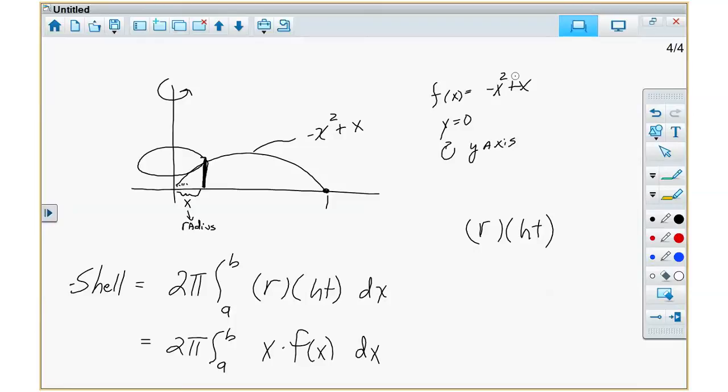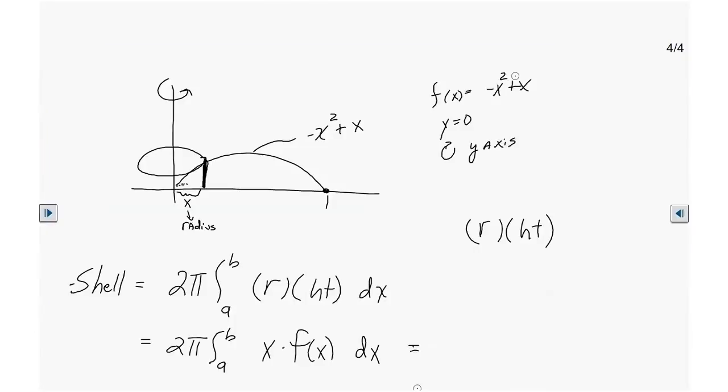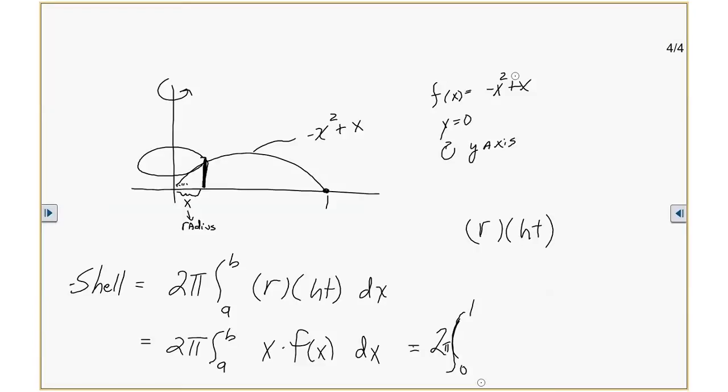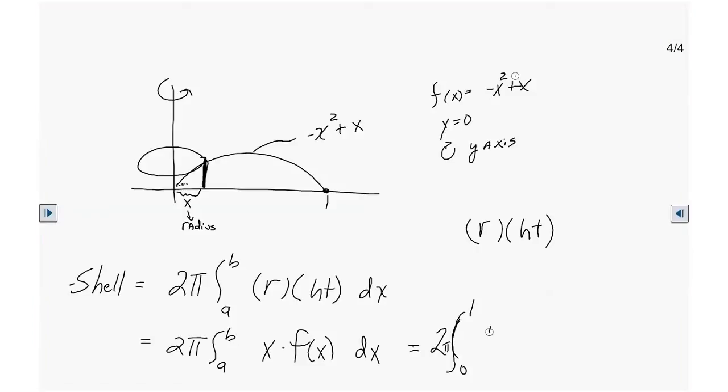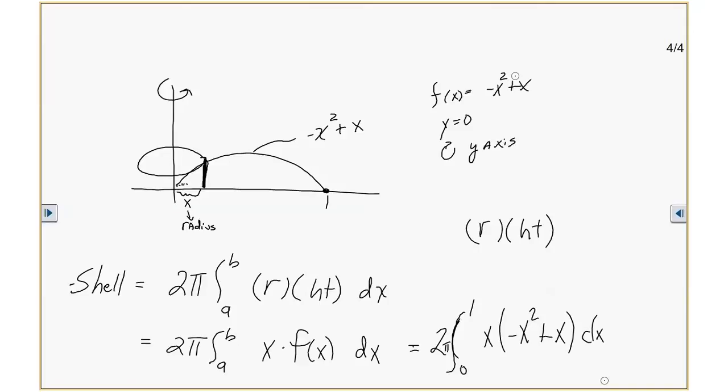Okay, so 2 pi from 0 to 1 of x times negative x squared plus x, and now you just distribute the x.